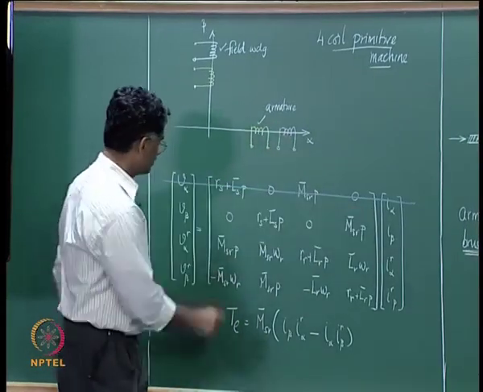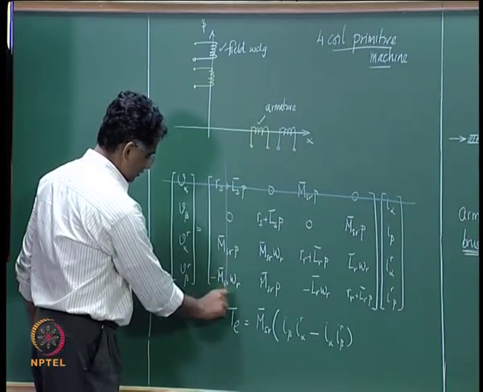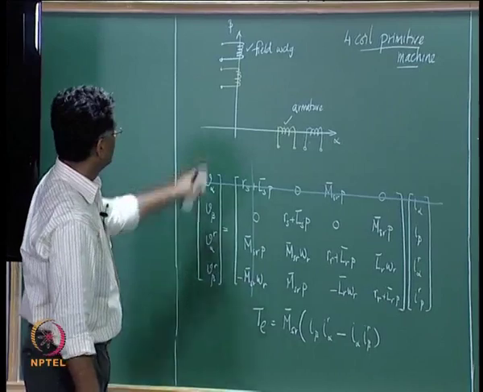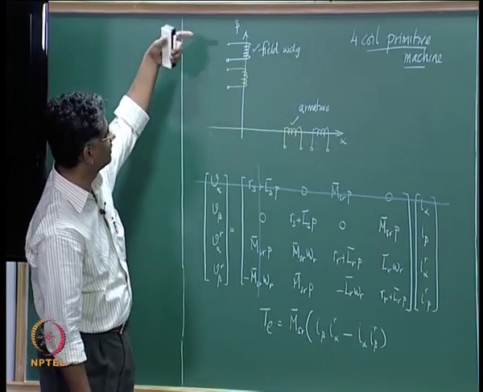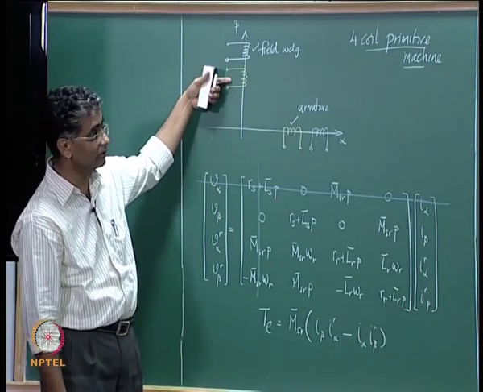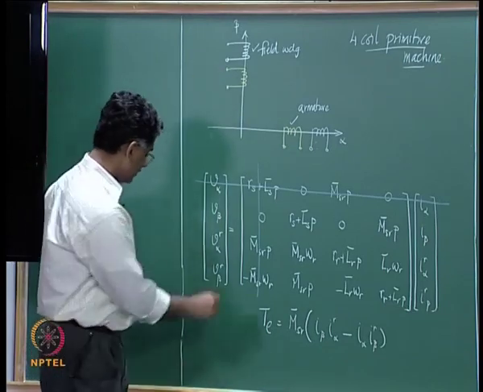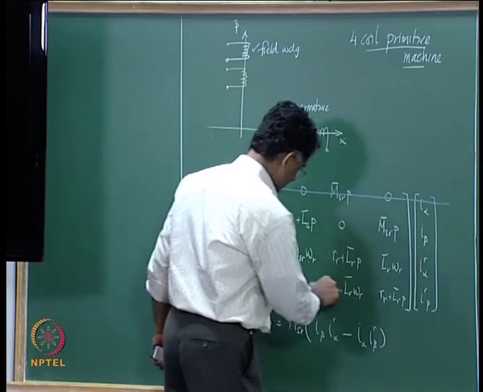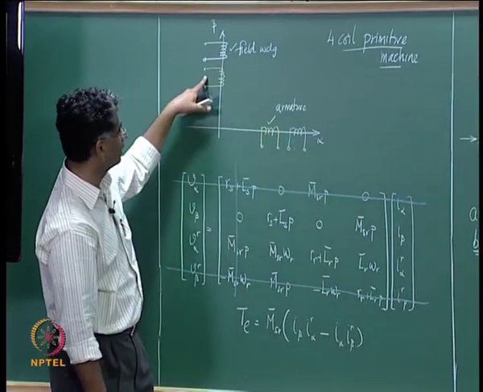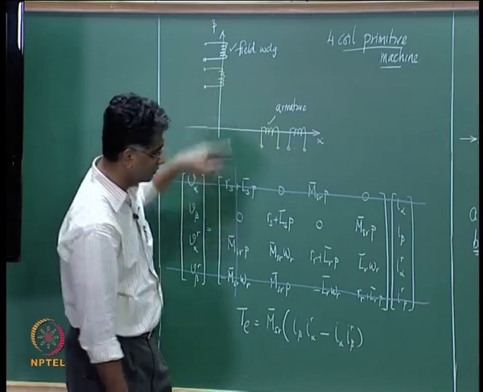Since I alpha is not there, this also goes away, we do not have this, and looking at this axis we find that the field winding is there, we do not have a pseudo stationary winding on this axis, and therefore this equation is not necessary, and because this coil is not there, IR beta is also not there.